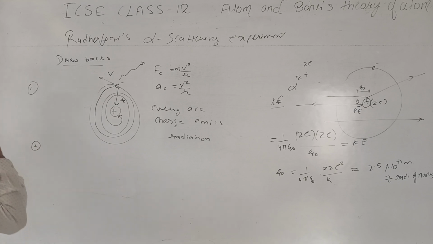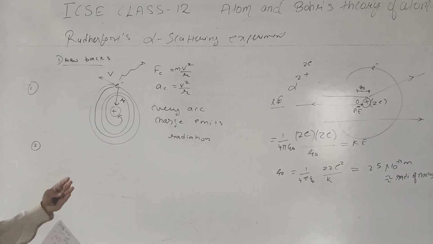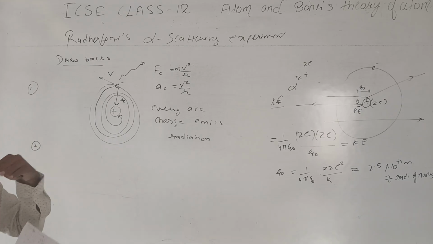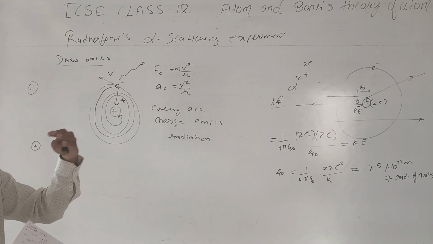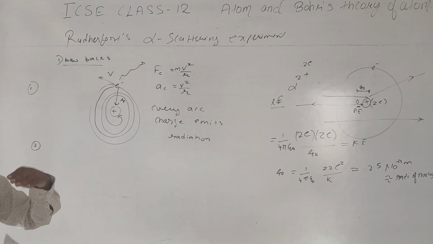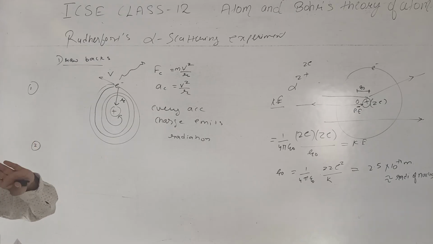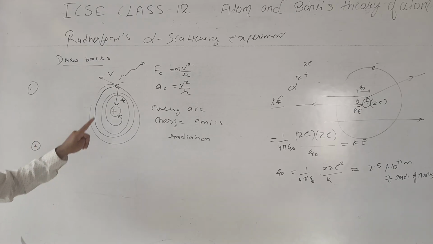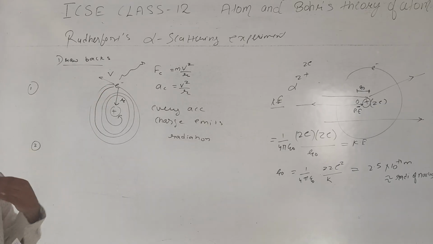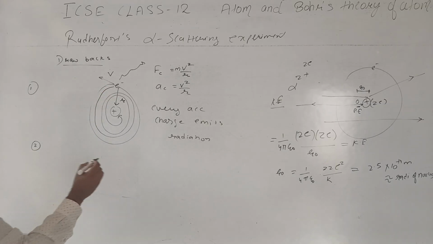Because there are no fixed orbits in his model. Today we study that electrons are in the first orbit, second orbit or third orbit, and between the first and second orbit there is an empty space where the electron never goes. But Rutherford does not explain anything about those orbits. For him, the electron can be anywhere.